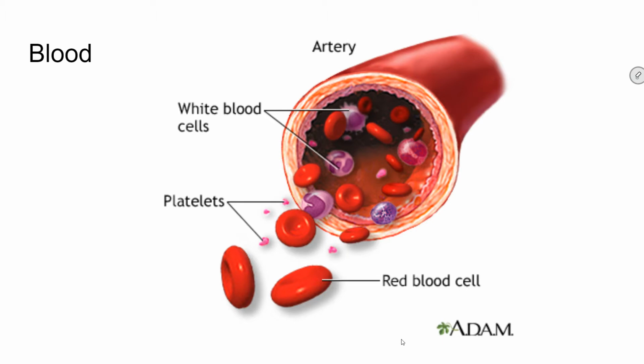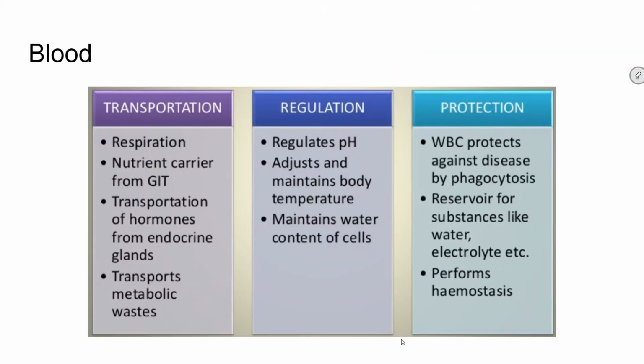But blood is composed of lots of different parts, and it has lots of different functions in those parts. Those functions can be summarized into three basic groups, and that is transportation, regulation, and protection.